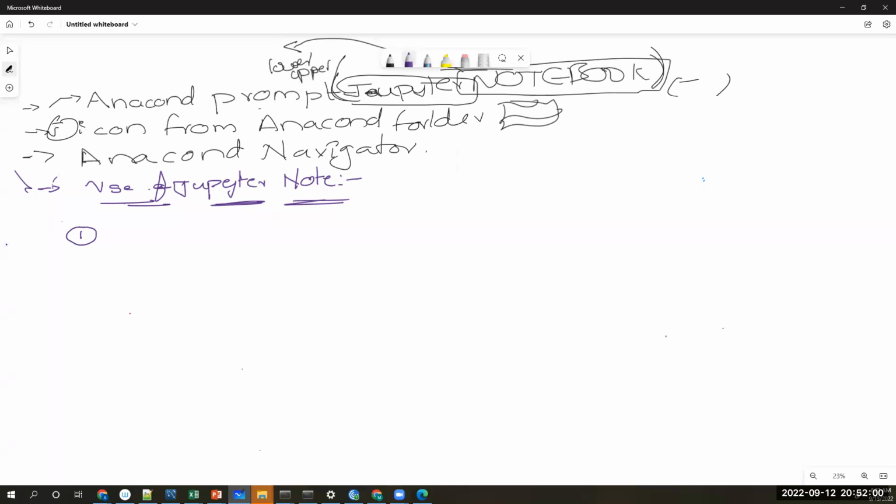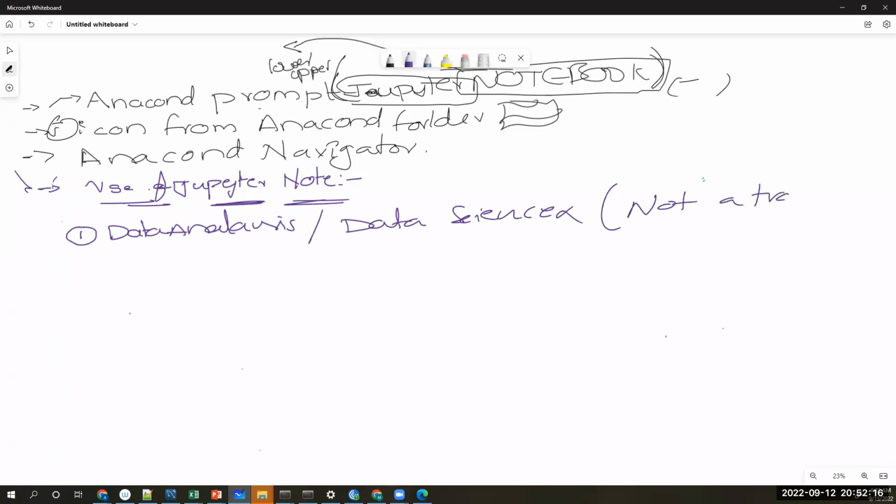First thing, data analysis or data science is not traditional programming. You will accept that. Why?